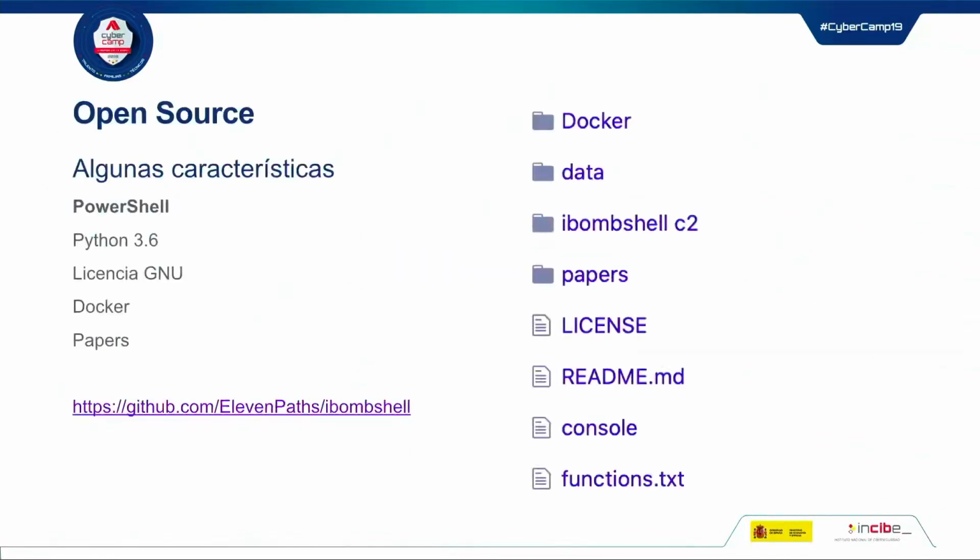Open source. Once again, how are we going to be able to collaborate with the project? If you're good at writing in PowerShell or Python, if you want to study the code, if you want to modify it and do an improved version, you can do it. There are people that have collaborated.